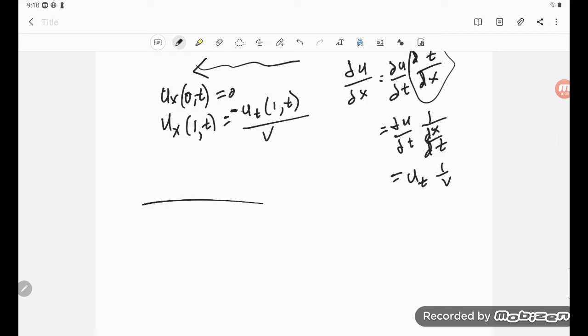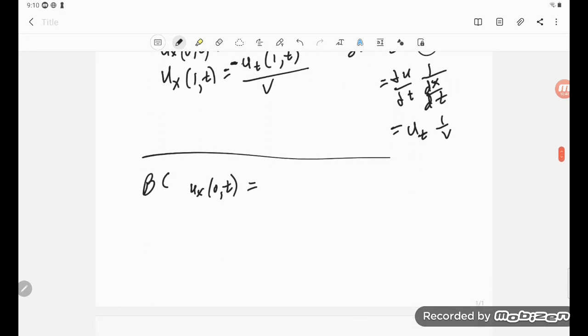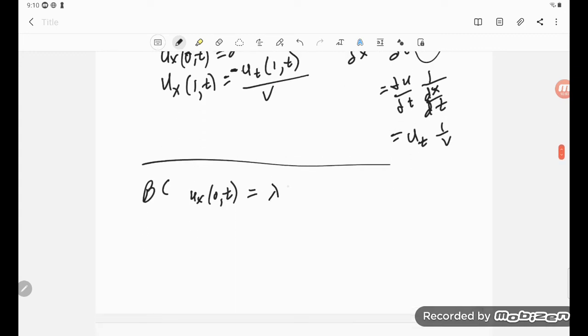And so our boundary conditions are that u sub x at 0 and t is just what we had before, lambda u of 0 and t. But then at the other end, we get our minus lambda u of 1 and t.